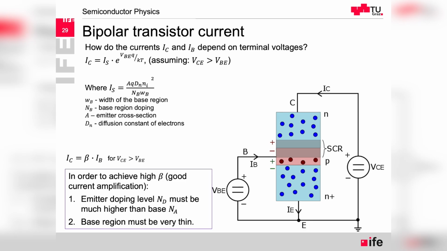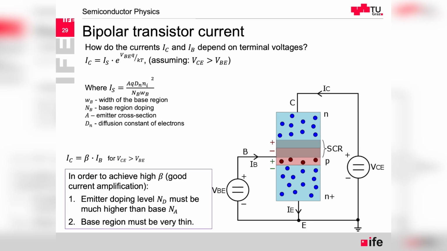So then, if the collector-emitter voltage is greater than the base-emitter voltage, we have this nice relationship that the collector current is equal to beta, the current gain, times the base current.